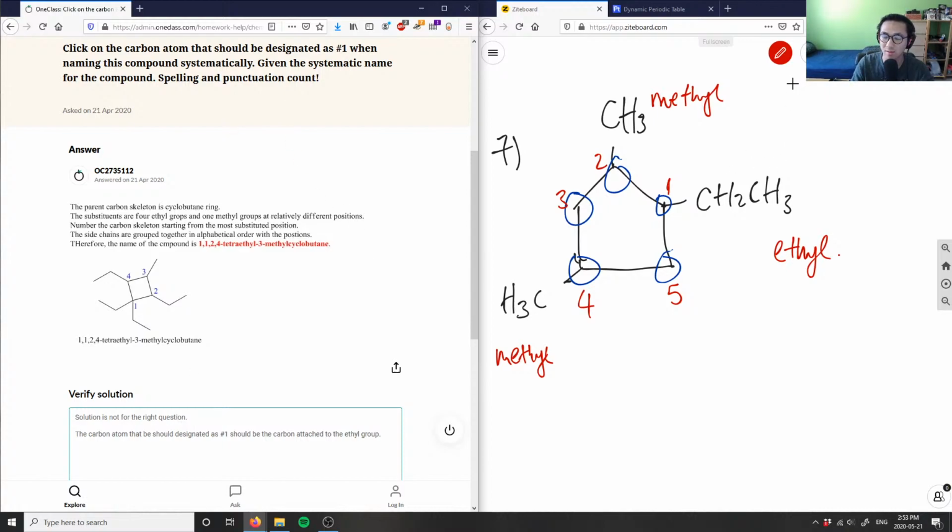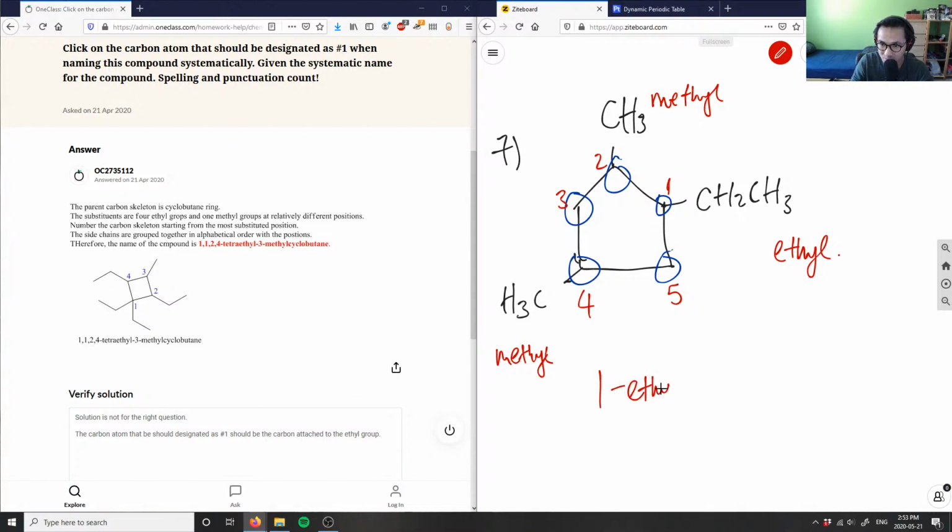So I said that the naming here is 1-ethyl. I have 2,4-dimethyl, so 2,4, and then I have 2 methyl groups, so 2,4-dimethyl, and then this here is a cyclopentane. So this here is my naming for this kind of compound here. So again, 1-ethyl here, 2,4-dimethyl, and then cyclopentane is my parent chain here.